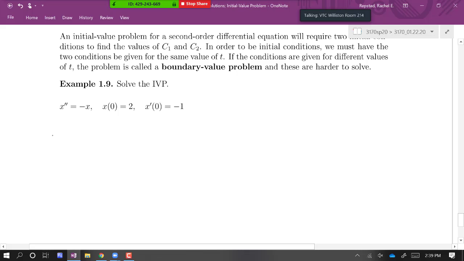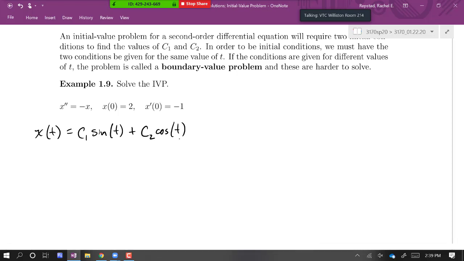So we have our general solution. And we can just use each of these values that they gave us. They told us that x of 0 equals 2.